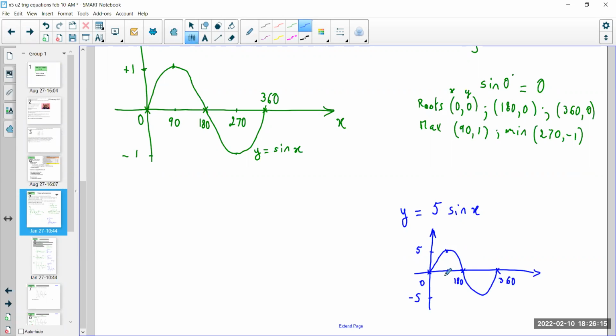I would put the 90 again here and the 270 here. And I would remember x here, y there for my axis. And you can label it if you want. This graph is y equals 5 sine x.